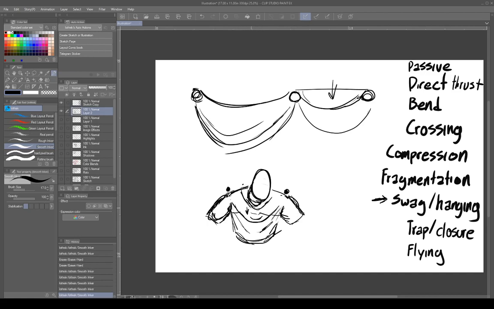So really loose clothing can be held off of here, or if it's super drapey, like someone's wearing wizard robes or something like that.